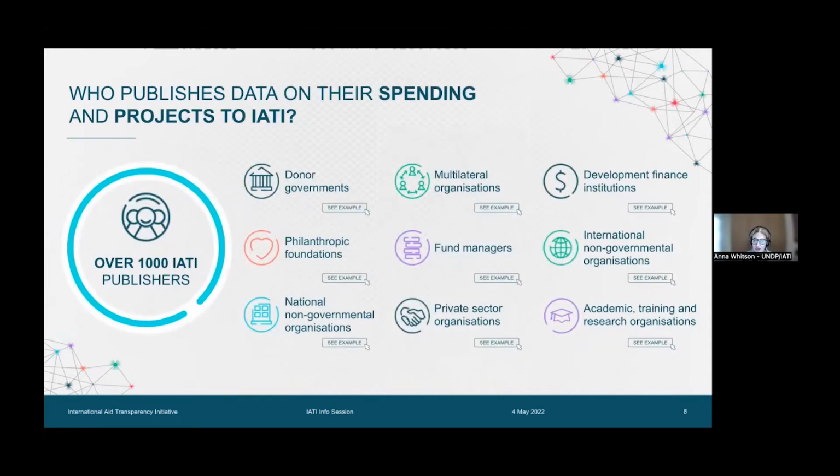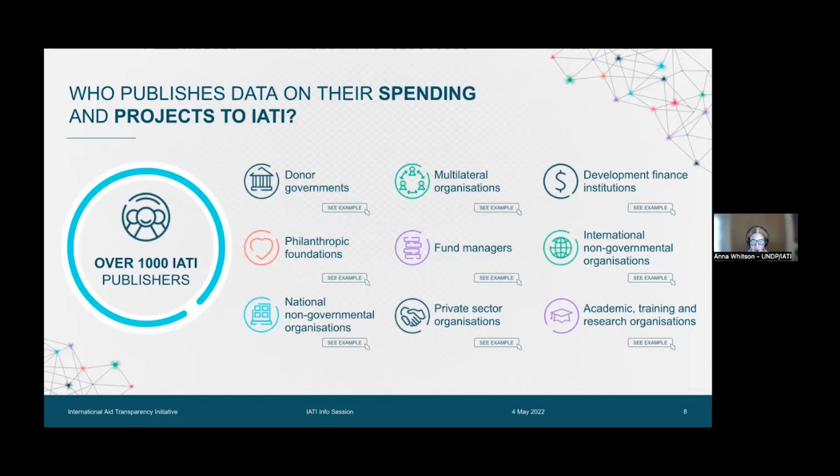So again, we talked a little bit about the fact that we have, this is actually an old slide, it looks like. So we now have more than 1,400 IATI publishers. So these come from, as I said, donor governments, multilaterals, development finance institutions, philanthropic organizations, non-governmental organizations, the private sector. All of these stakeholders publish data to IATI, right? This is what we mean when we say IATI publishers.